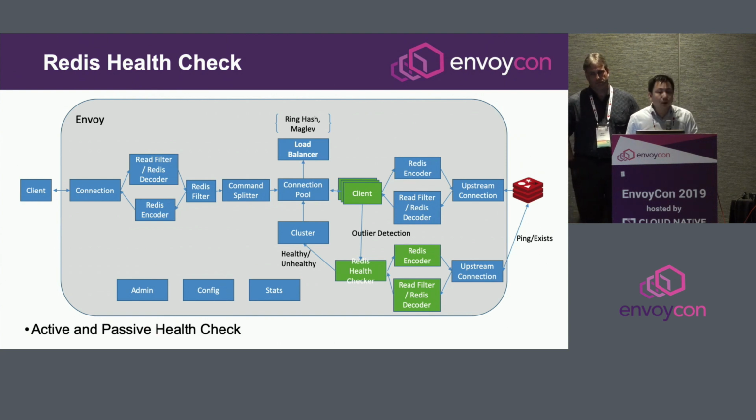So at this point, we have a pretty well-functioning Redis proxy. It even survives network partitions, which is one of the hard things to do, because if there is a pairwise network partition, our health checker would detect that and evict the node, and the load will be routed to a different node.